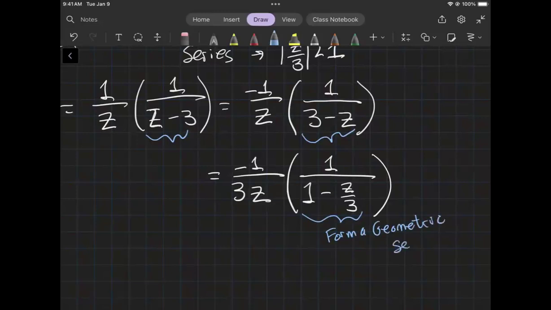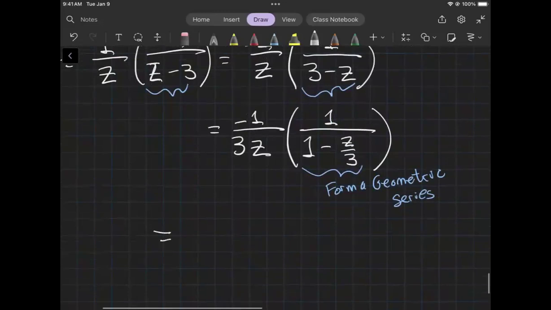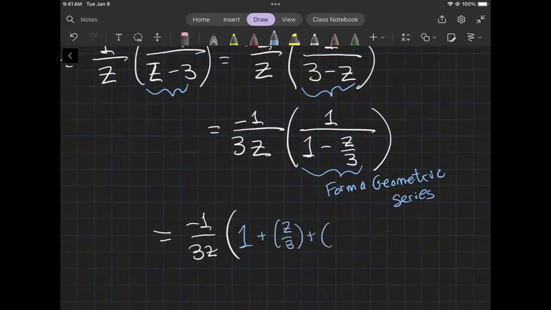This would equal minus 1 over 3z times the geometric series 1 plus z over 3 plus z over 3 squared plus z over 3 to the fourth plus, and this pattern keeps going.